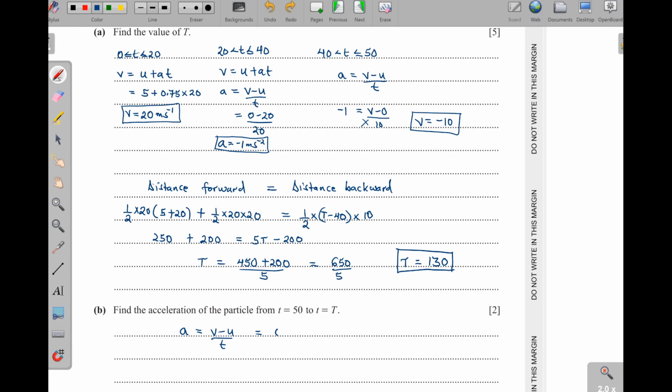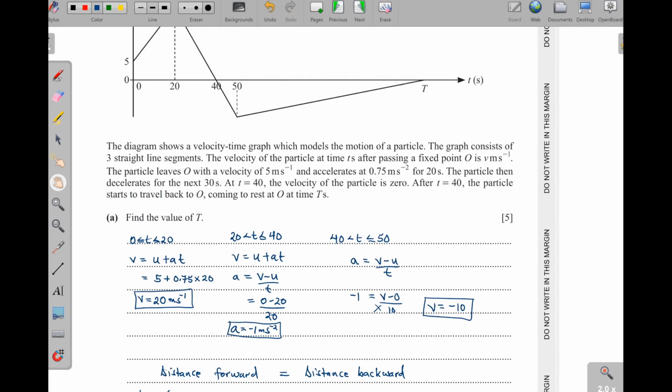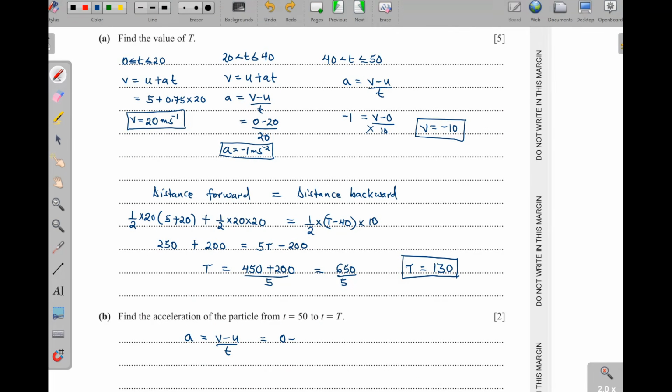So we shall have 0 minus, now the initial velocity here, it is coming from the negative 10. Okay, so I'll put that negative 10 there, and then we divide by the time taken, which is 130 minus 50.